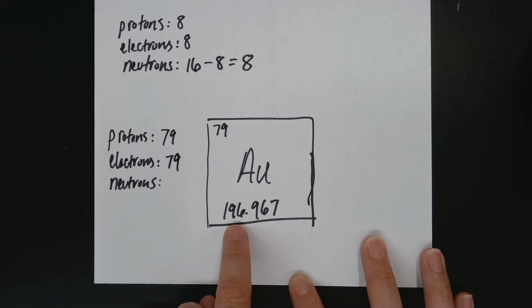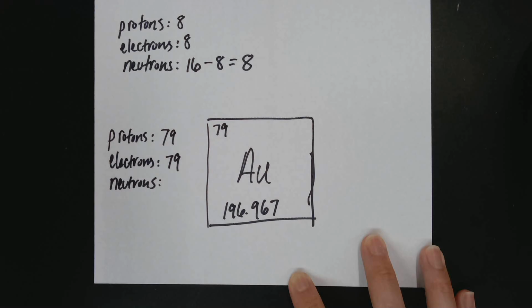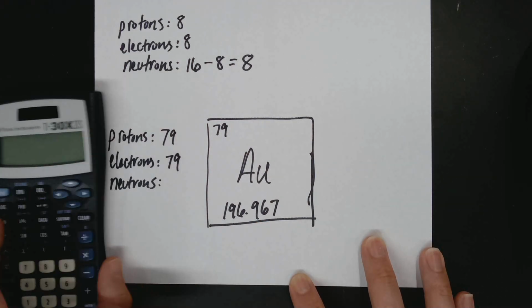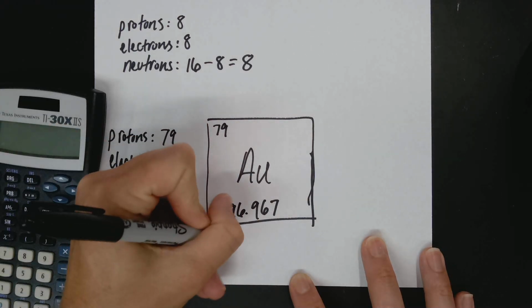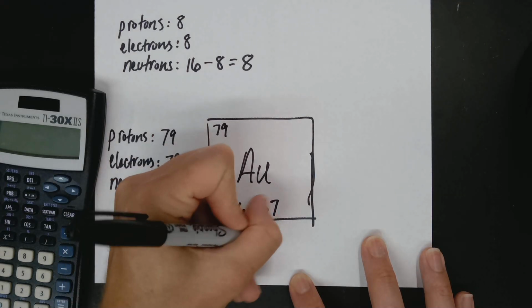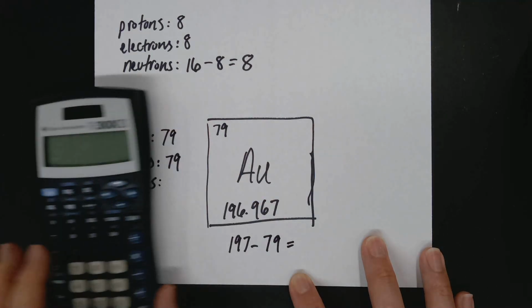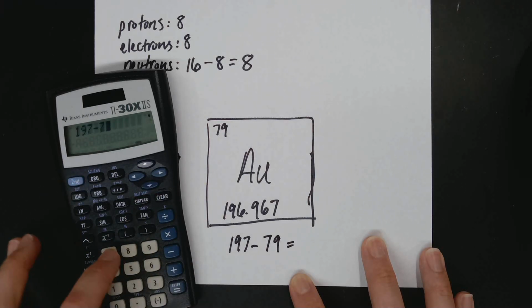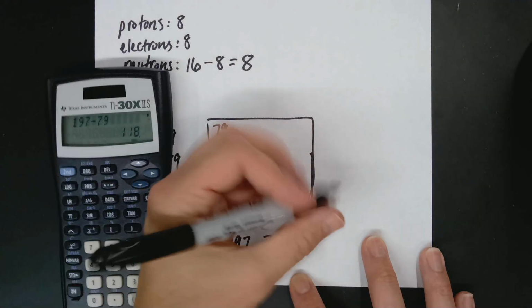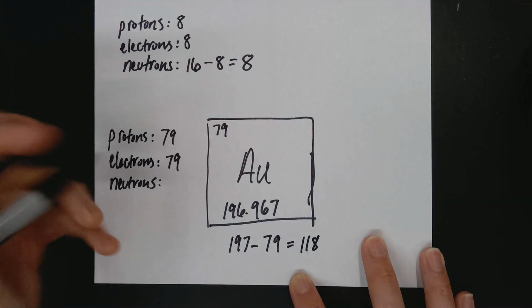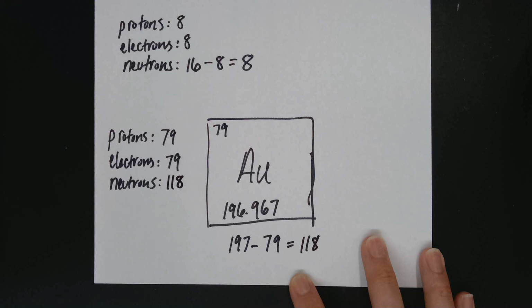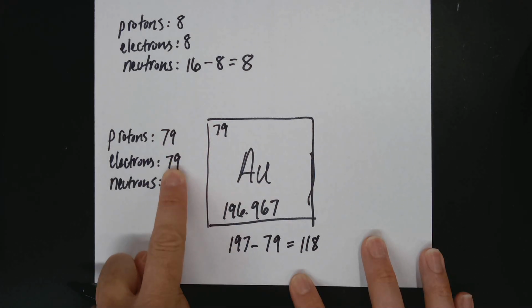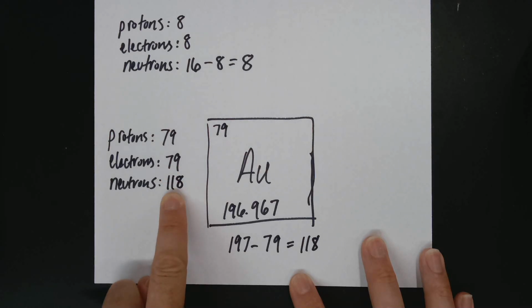We're going to round this to the nearest whole number. And so the nearest whole number to 196.967 is 197. So to find the number of neutrons, we're going to do 197 minus 79. And so I'll do that right here. And we get 118. So a neutral gold atom has 79 protons, 79 electrons, and 118 neutrons.